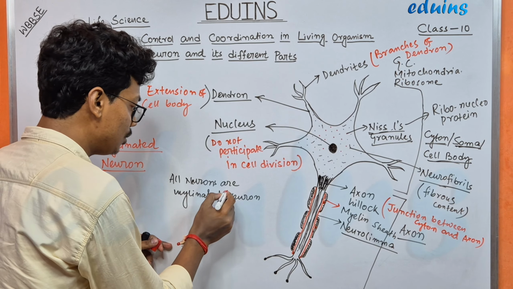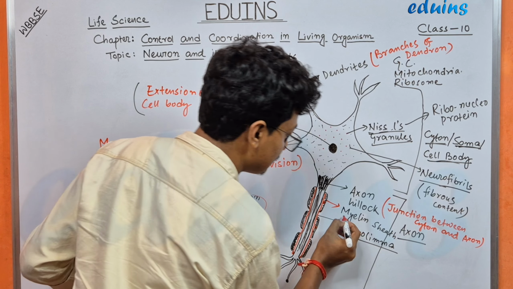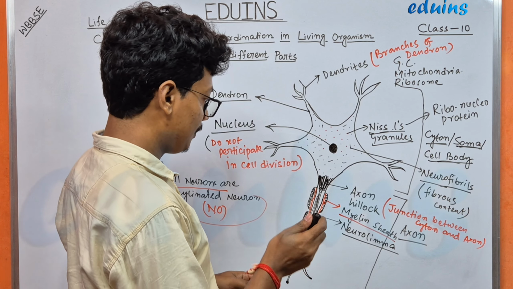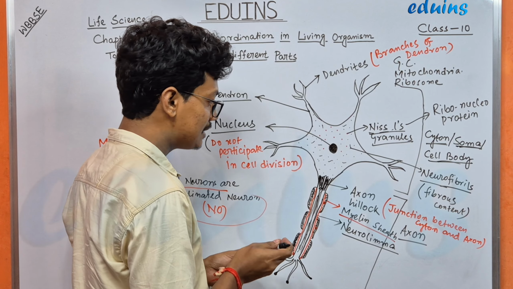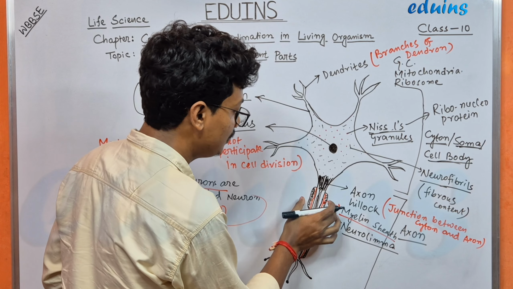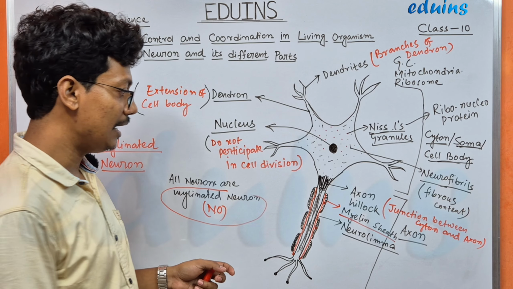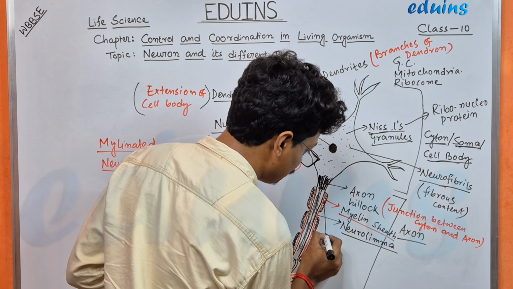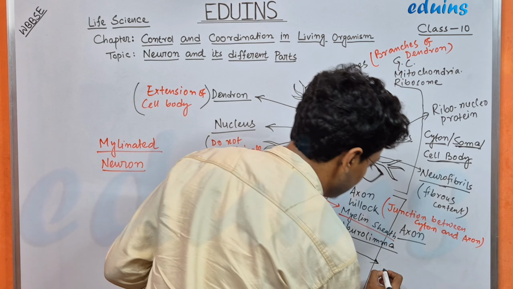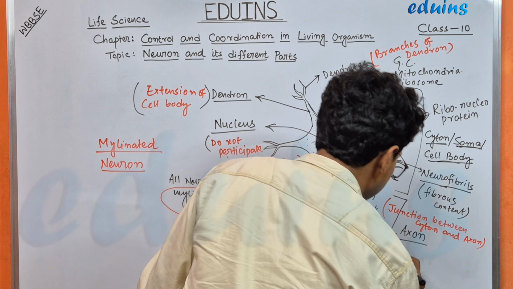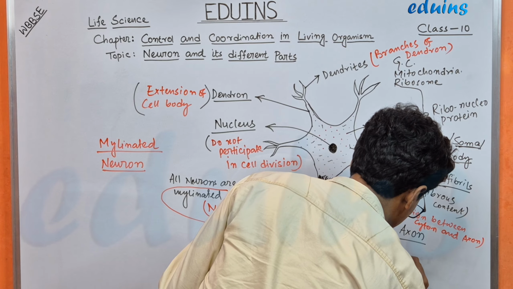No, only the neurons that contain myelin sheath are known as myelinated neurons. This is the covering around the neurolemma, and the myelinated neuron contains cells known as Schwann cells.